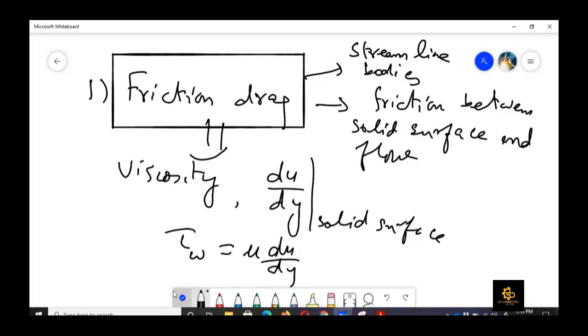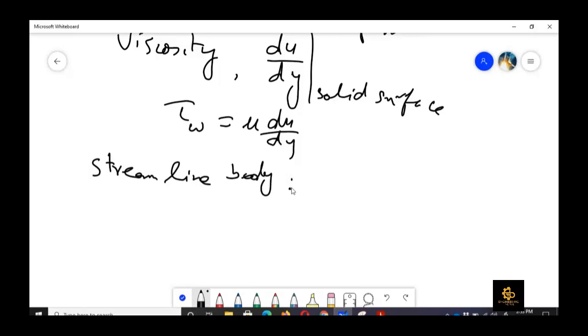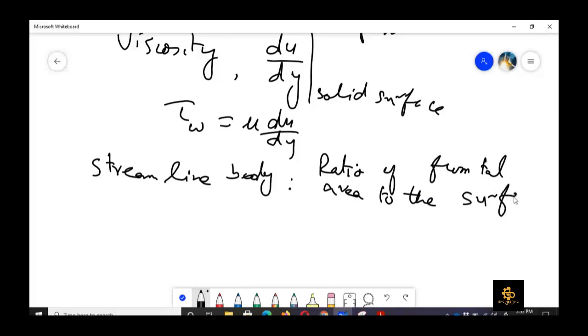So let me write it here. A streamlined body is one where the ratio of frontal area to the surface area is low.